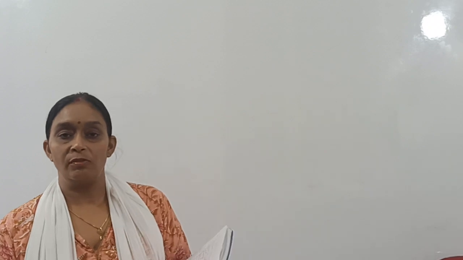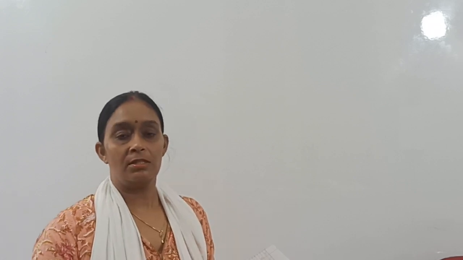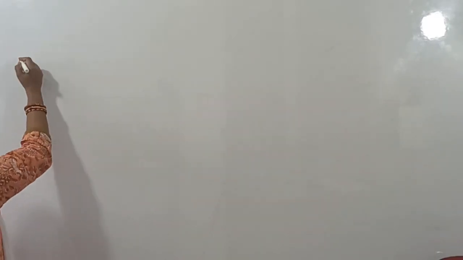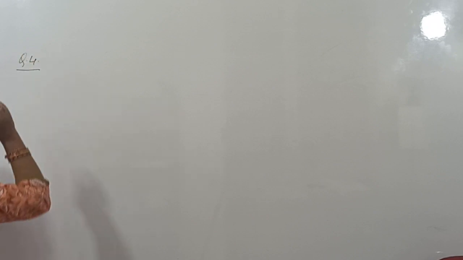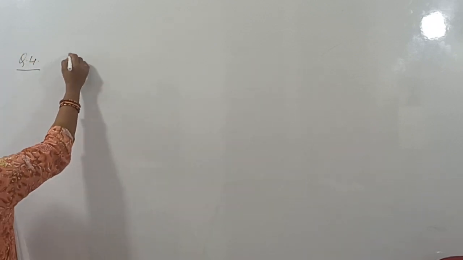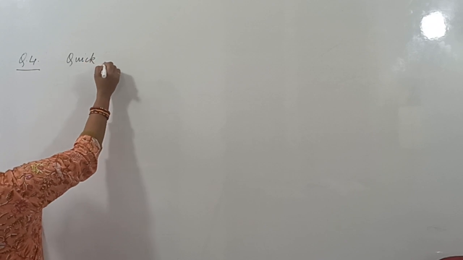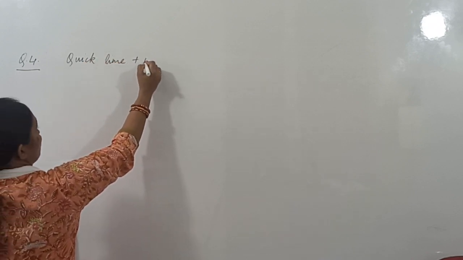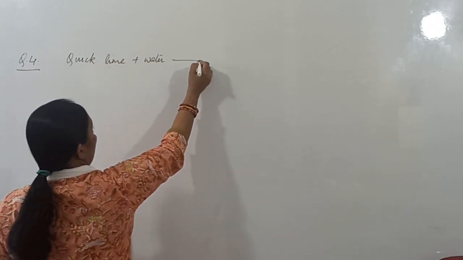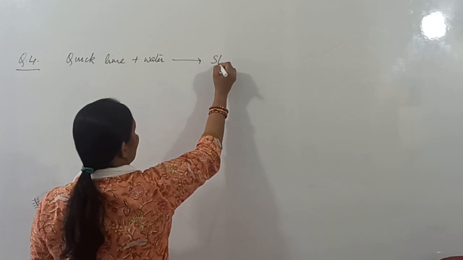Okay children, in this video we will be seeing the next question, that is question number 4 of the test which you have taken. Now question number 4 is, there is a word equation again, quicklime plus water gives slaked lime.